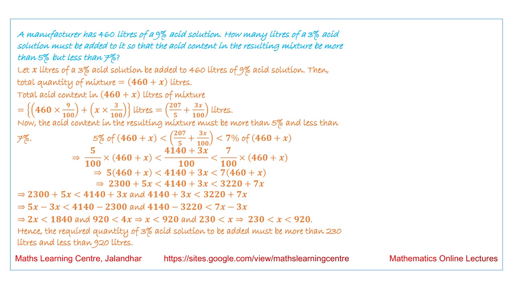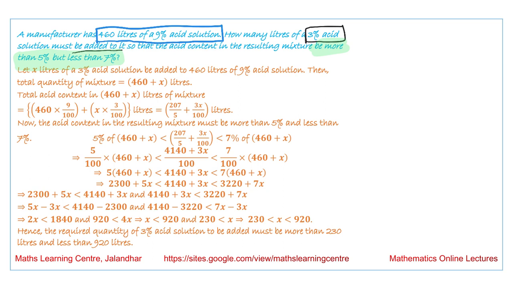Now in this next question, it is given that a manufacturer has 460 liters of 9% acid solution. How many liters of 3% acid solution must be added to it so that the acid content in the resulting mixture be more than 5% but less than 7%.